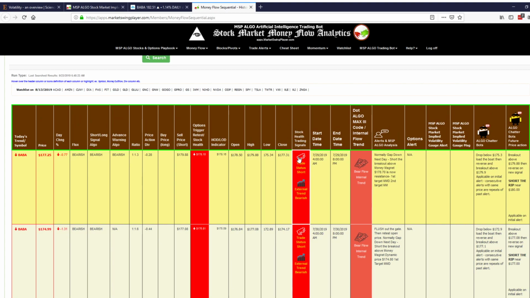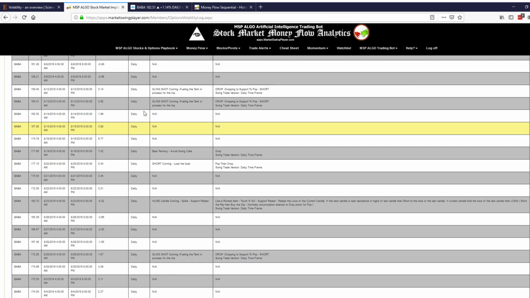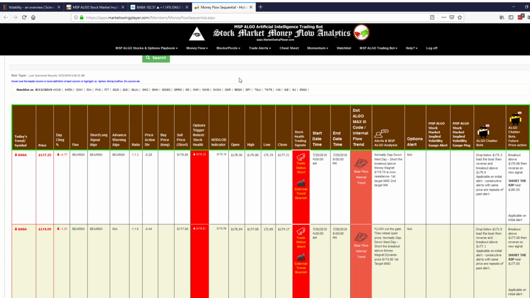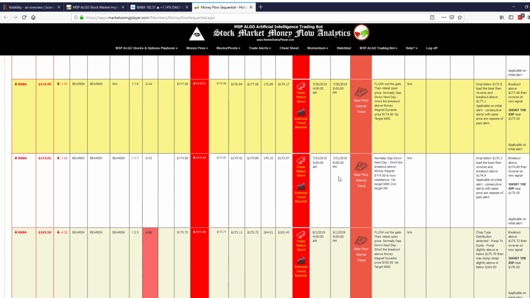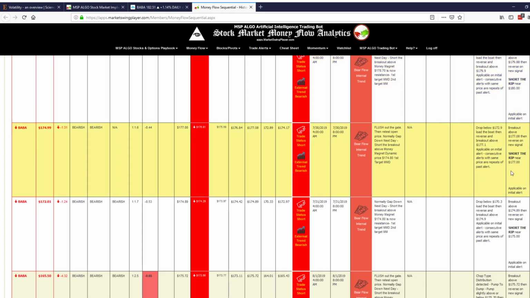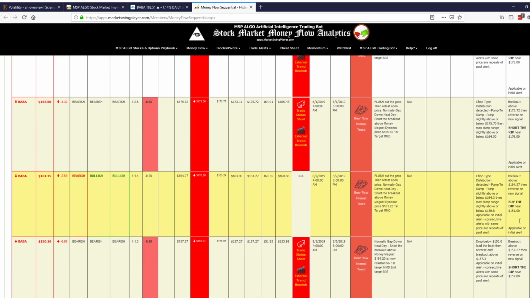So we know our search criteria in this particular scenario was July 29th. So we have the same thing here, and we could see price was dropping. So we could also use this as trading signals, okay? So it was saying short the rip, short the rip. It thought it was the best trade. Okay?